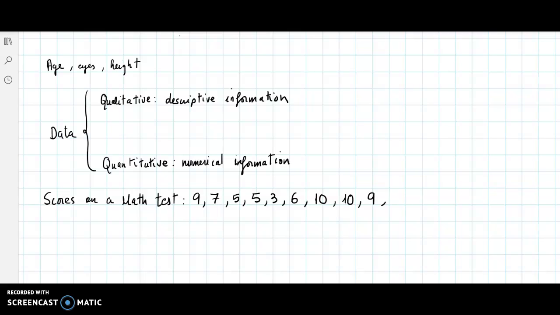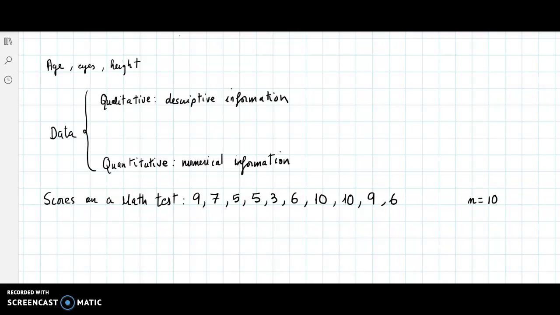And one more, 6. So now we have 10 scores, 10 numbers, because we have asked 10 students.